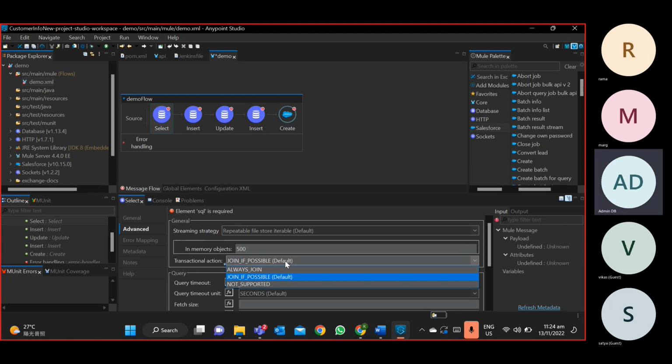Here I can see select is also involved in the transaction, but I think that is not required. Even if the next update or insert fails, what is the point of reverting back this select operation?